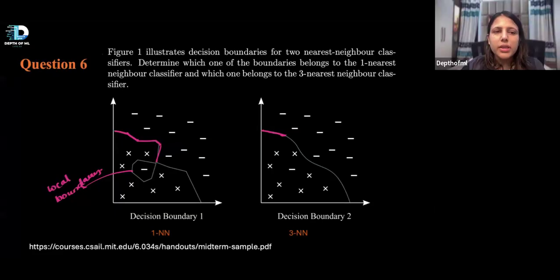No, so what is the meaning of having outliers? How much you are sensitive to outliers? So suppose that you have this class. Now, if I'm going to use one nearest neighbor, what do you think will be the prediction for this point?